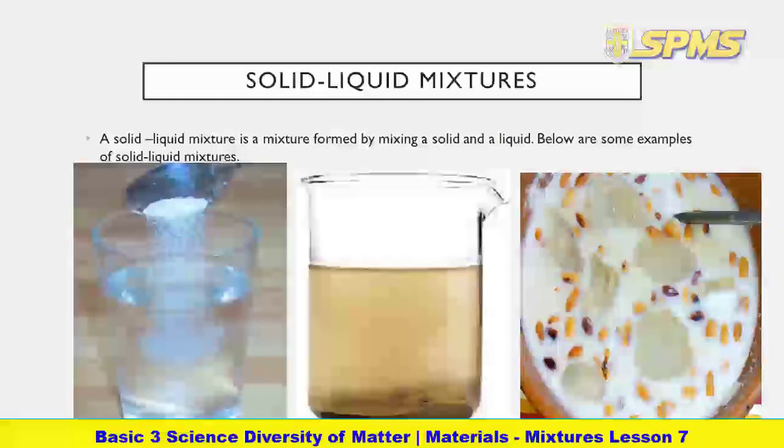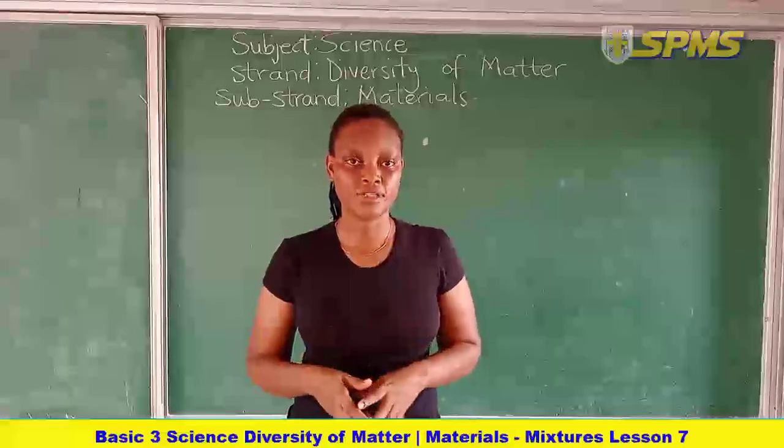The first one, we can see salt being mixed with water. The salt is the solid and the liquid is the water. And then we have the sand and water. And then we have gari granules mixed with water and milk. So these are solid liquid mixtures.